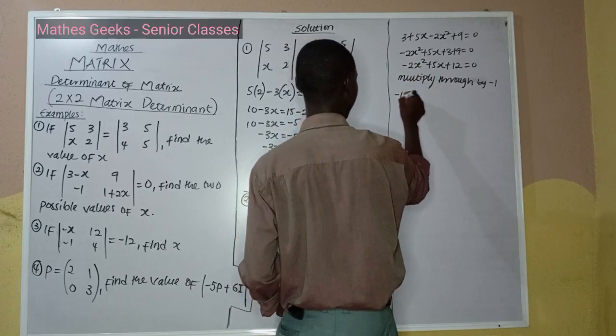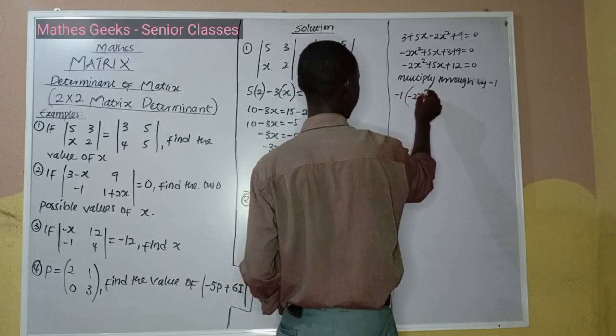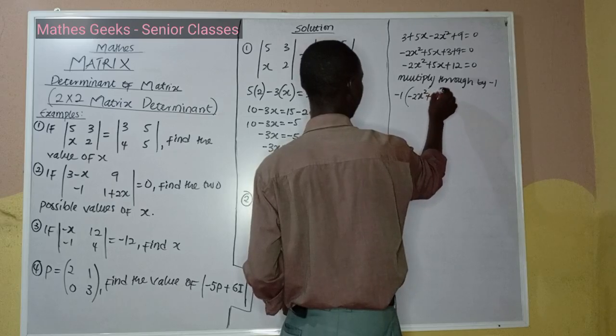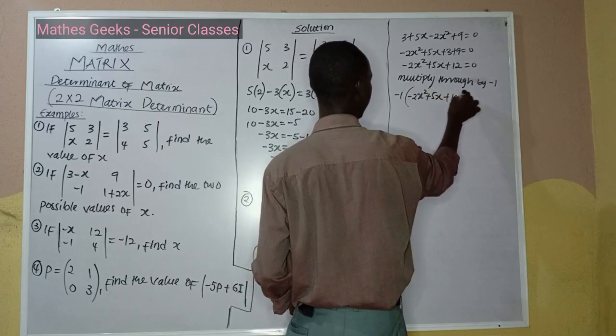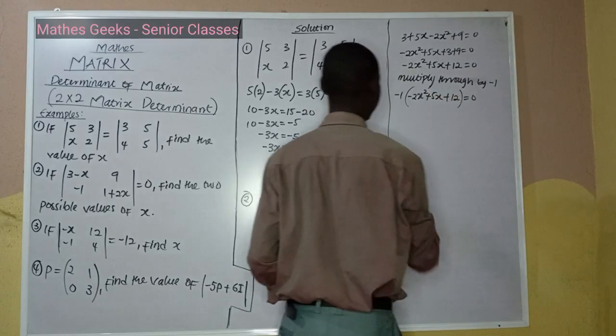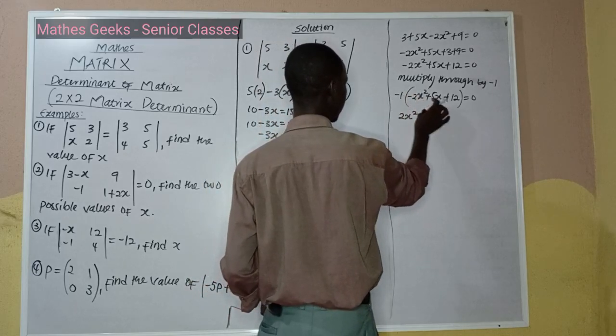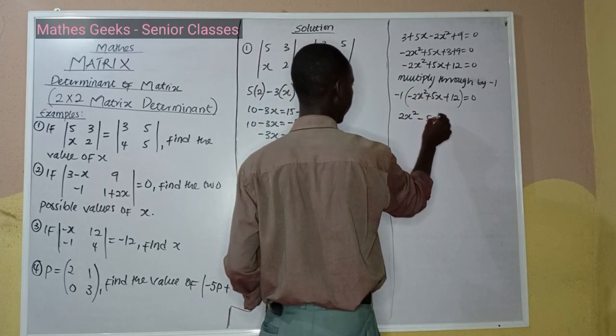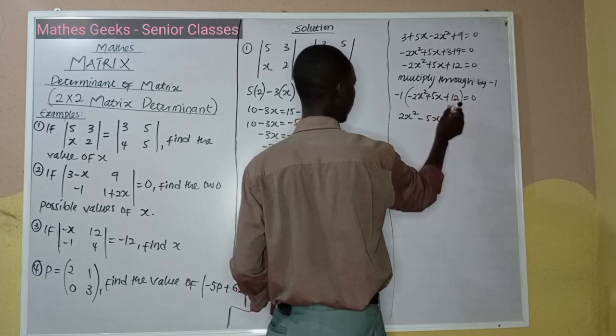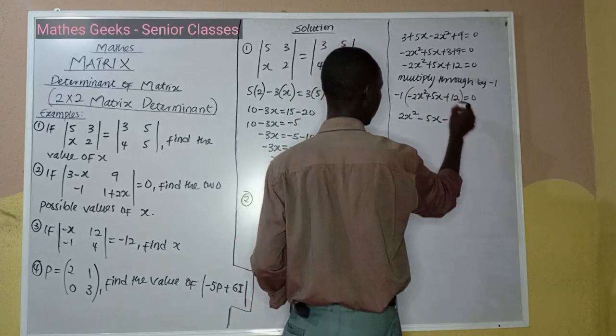Multiplying minus 2x squared plus 5x plus 12 equals 0 by minus 1: minus 1 times minus 2x squared will give us 2x squared. Minus 1 times plus 5x will give us minus 5x. Minus 1 times plus 12 will give us minus 12 equals 0.